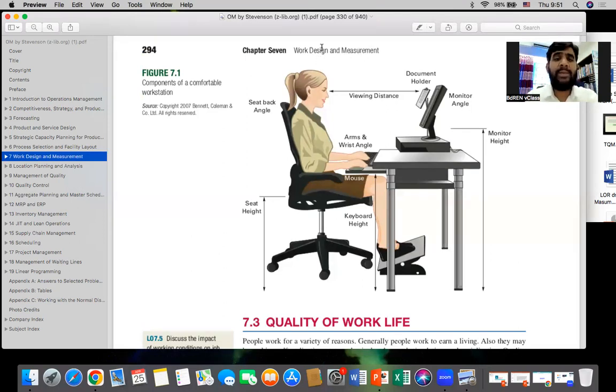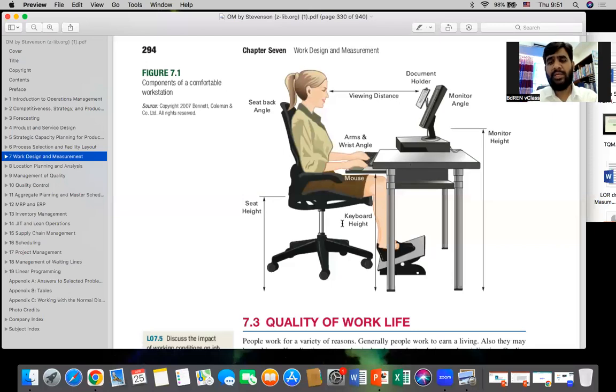Work system, components of a comfortable workstation. Sit back angle: what would be the sit back angle is given here. What will be the distance between the document holder and your eye position? What would be the better monitor angle? Monitor height from the floor.